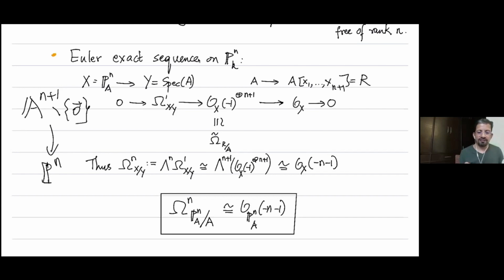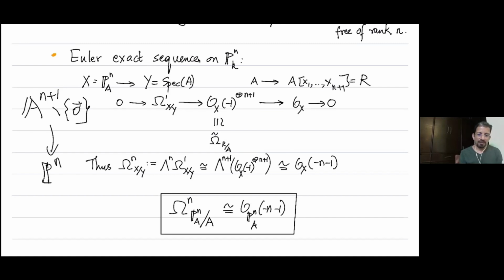So the corresponding tangent spaces: this is your tangent bundle, so to speak, on this affine cone, and that's why you have n+1 copies here. I'm dualizing now. So this is my tangent bundle, and this corresponds to the tangent space of the fiber. In the reverse direction, if you dualize it, you get an exact sequence in the reverse direction. That is the intuition.